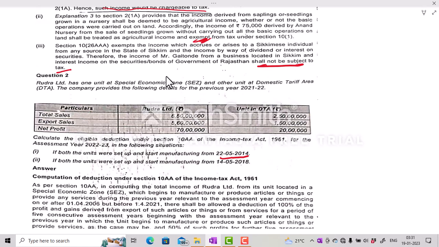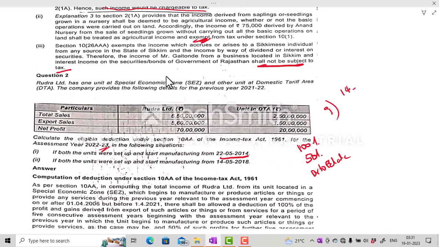started on 22/5/2014, then calculate the year in which they are asking for deduction, because for the first 5 years it is 100%, for the next 5 years it is 50%, for the next 5 years it is the amount debited to P&L account. So calculate the year. In the first case, they have started in 22/5/2014.